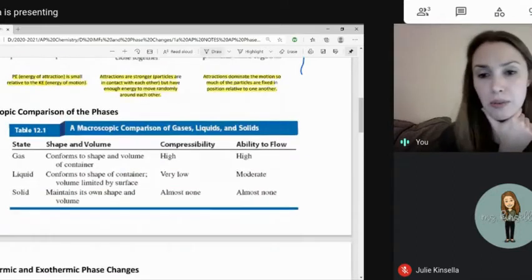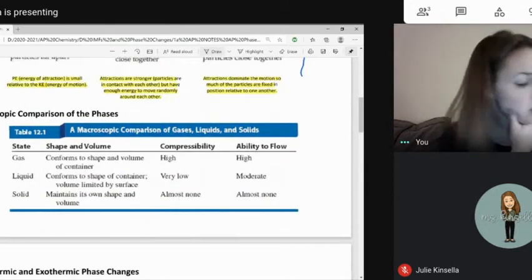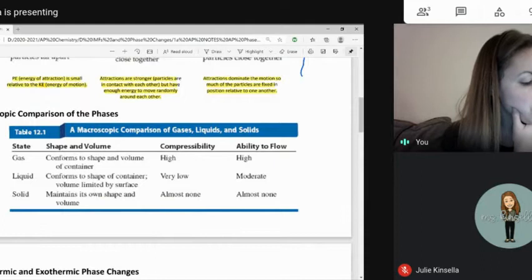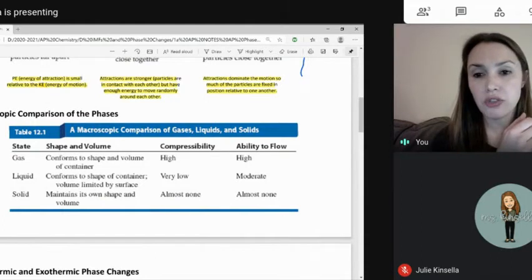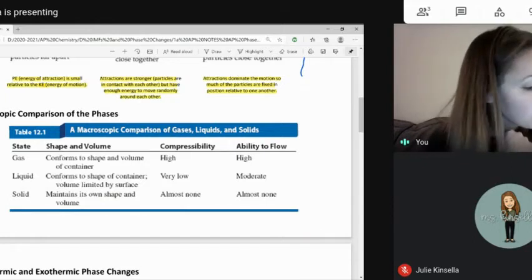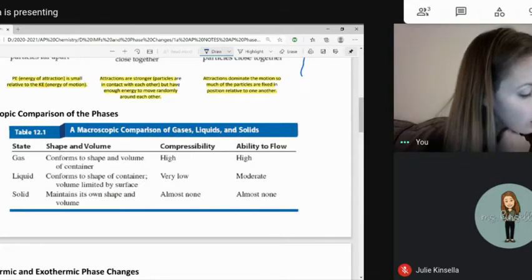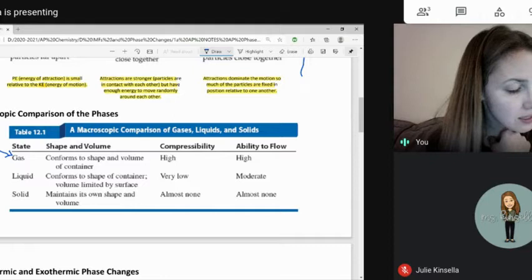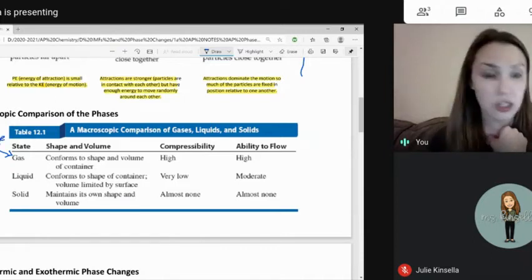This is just a little table from the book that I would make sure you feel comfortable with. In terms of shape and volume, you will see this terminology from Regents questions, where we will talk about how a gas has an indefinite volume and shape, meaning that they can both change.